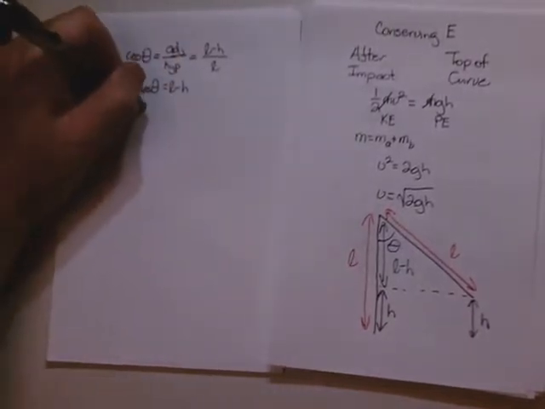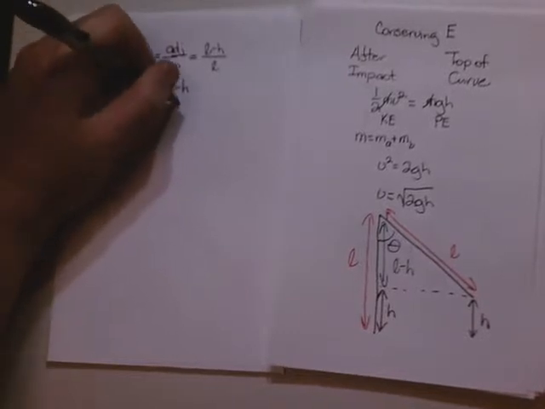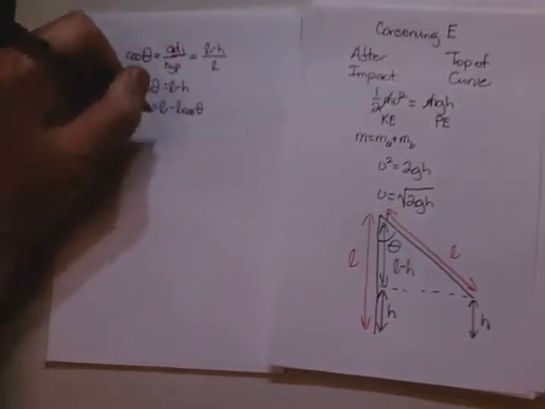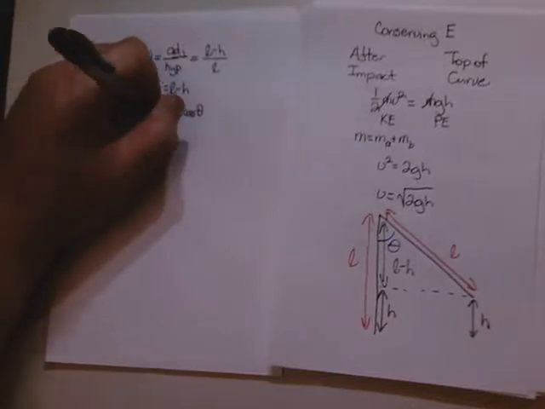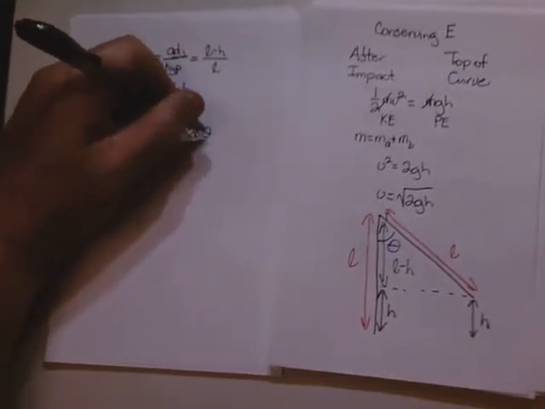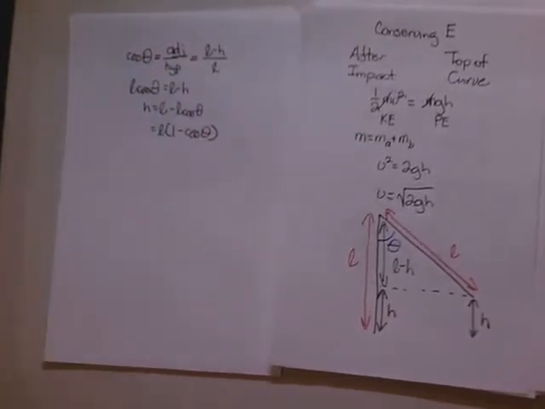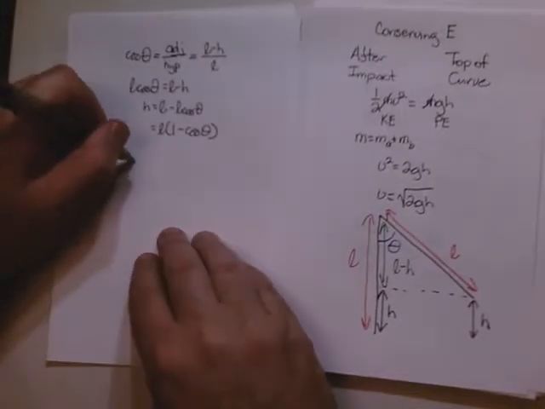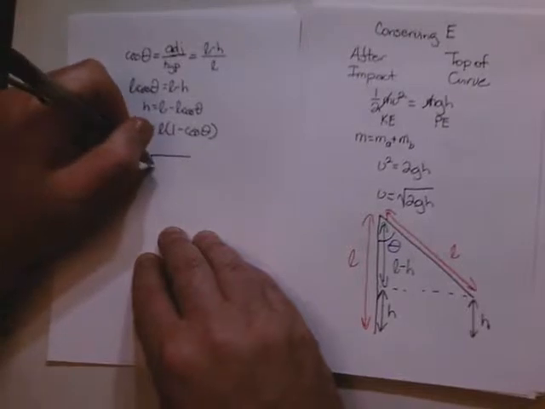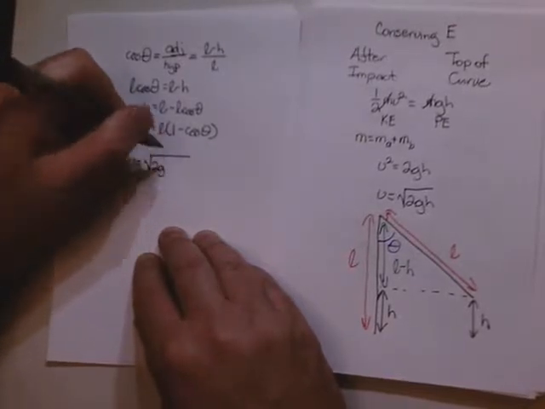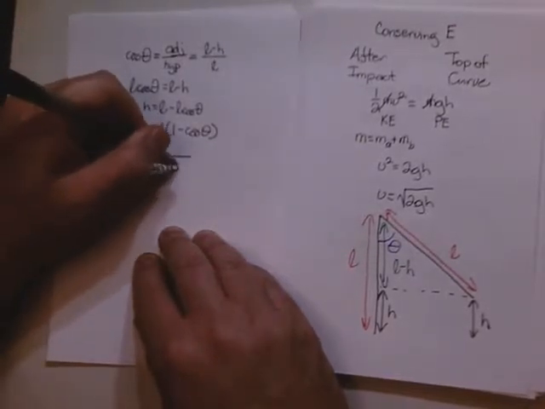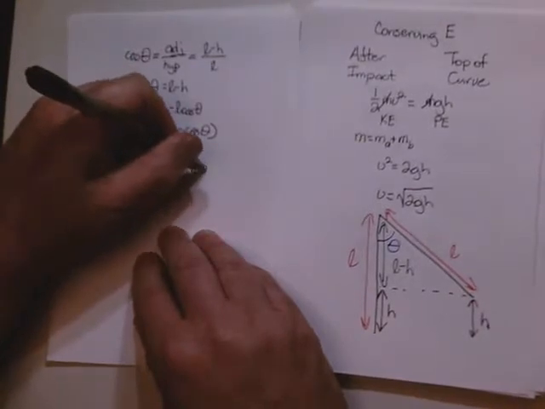Now I'm looking for h. So I get this. So this V is the square root of 2GL(1 minus cosine of theta).